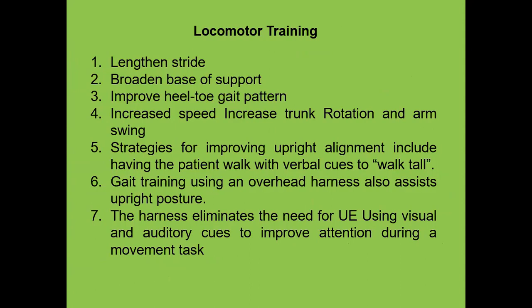It consists of two types of parameters: stride length, step length, heel strike, foot flat, mid stance, heel off, acceleration, mid swing, deceleration. This is the gait parameter. It consists of swing phase and stance phase. Swing phase contributes 40%, stance phase contributes 60%.